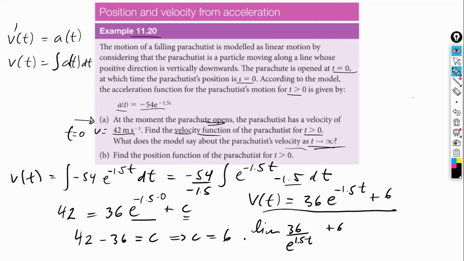What is the limit as t tends to infinity? So as t increases, so will this part, the denominator of 36. So that means that this will tend to 0. Therefore, we're going to be left with 6. So that means that as time increases, the velocity tends to stay at 6 meters per second.